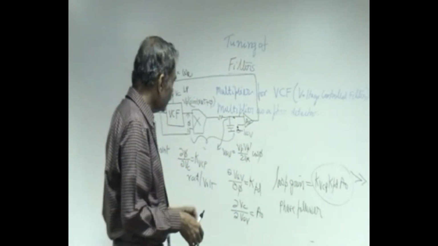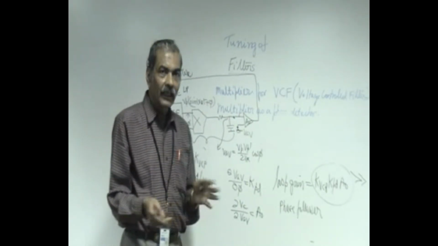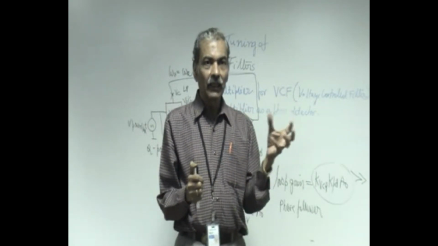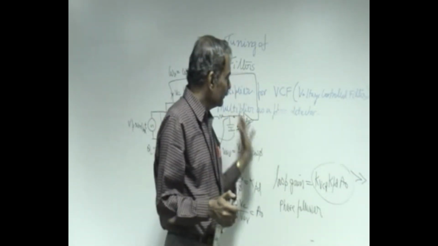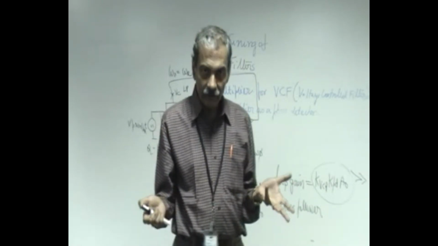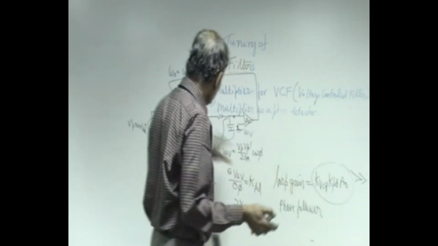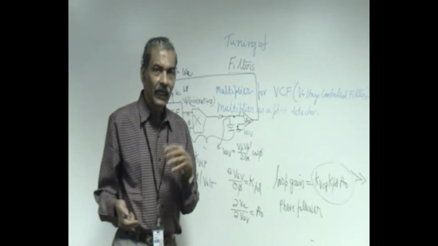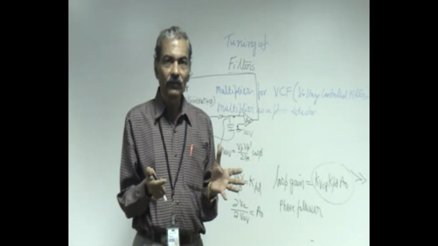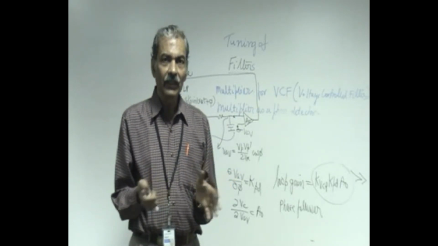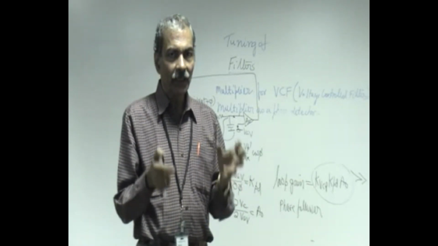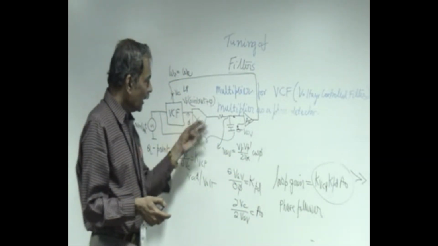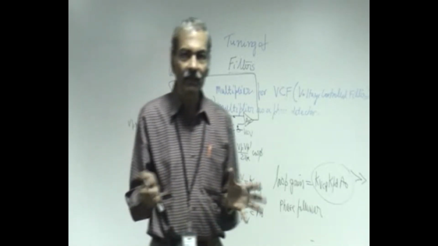And its application is in self-tuning of filters, and that has become very important in present day electronics, that most of the control loop function can be done by a digital control, and the actual filter can be the analog filter, and therefore we can precisely adjust the frequency to whatever value we want, and later on use the system. So this important tuning scheme, where in most integrated circuits, the RC values themselves are not very accurately known.